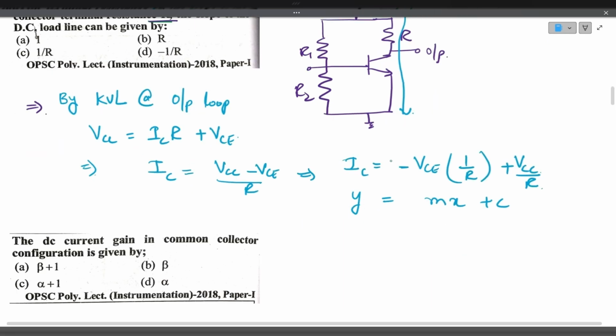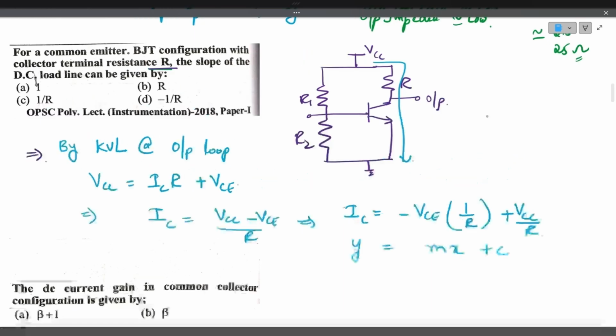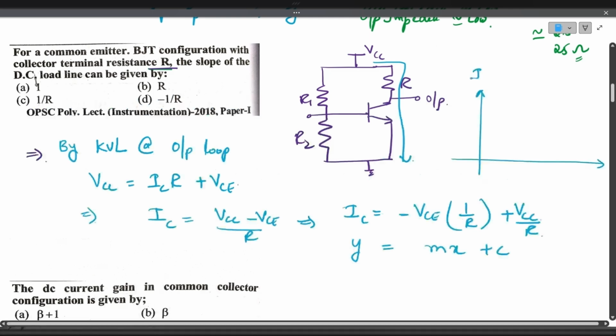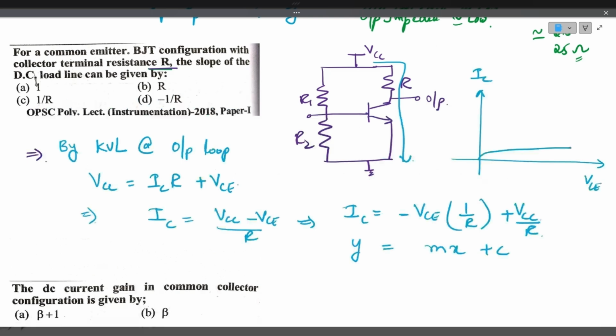Here the y-axis is nothing but collector current. If you see, the output characteristics will be like this for the common emitter amplifier, with IC on the y-axis and VCE on the x-axis. The load line is drawn across the output characteristics. This is the IC saturation, the maximum point, and this is the VCE saturation, the minimum point.